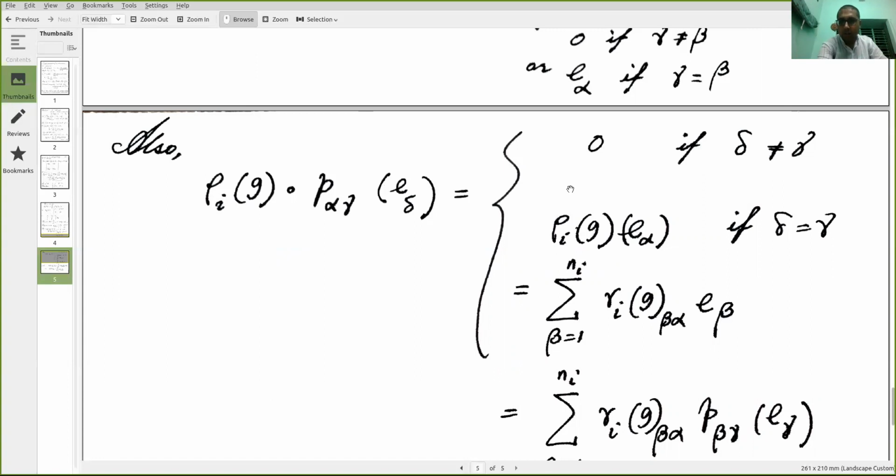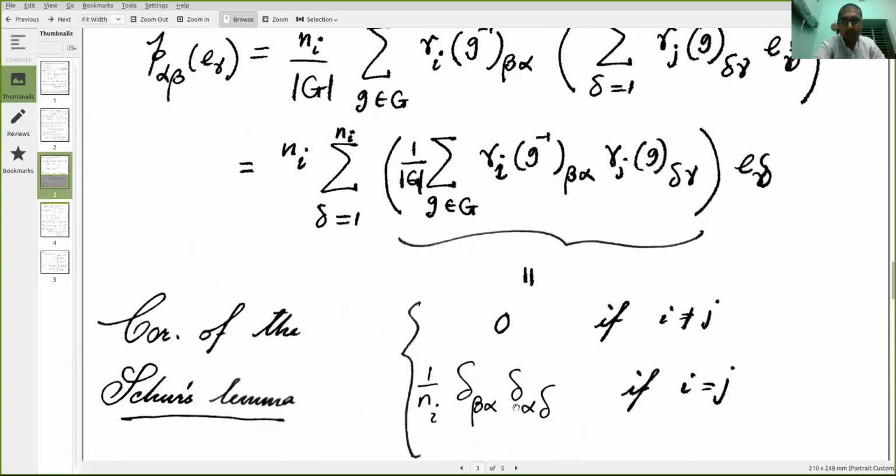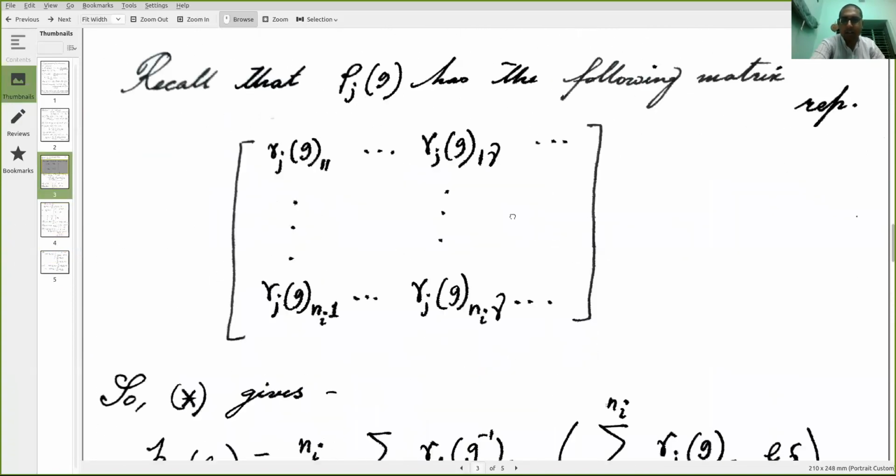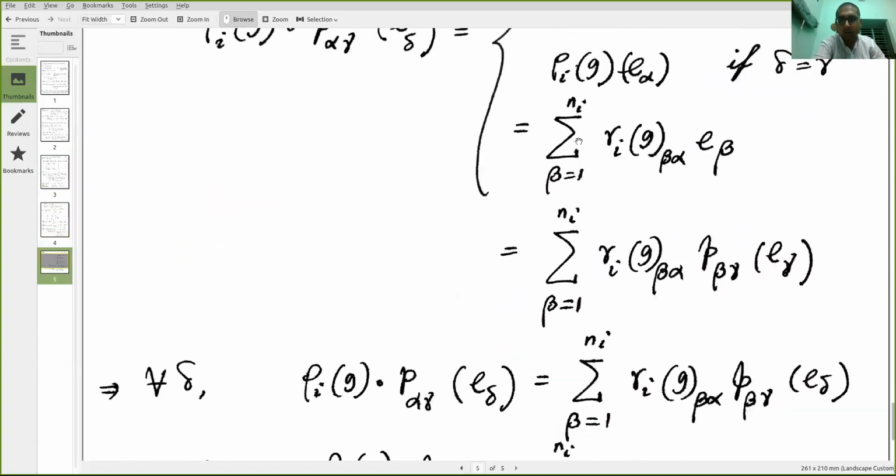Now again, since we know the matrix representation of rho Ig, we know how to get this. You have to consider the alpha column of the matrix and then form the combination.